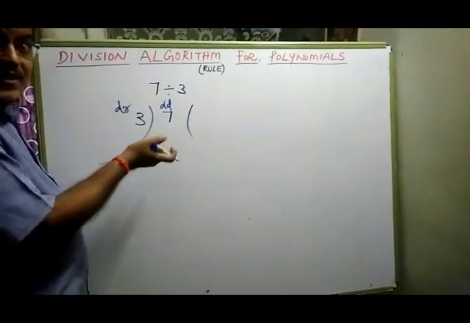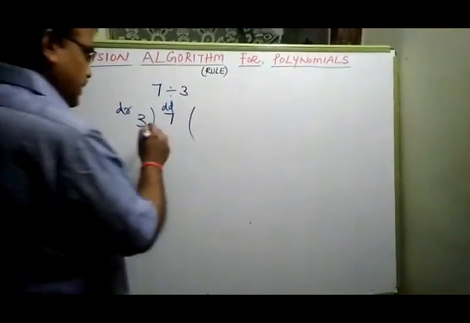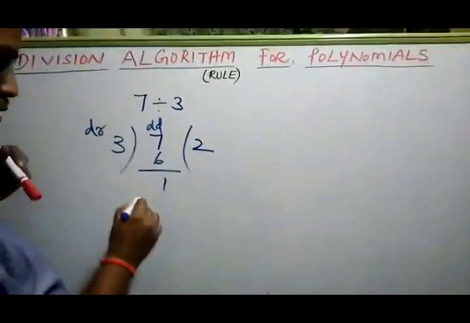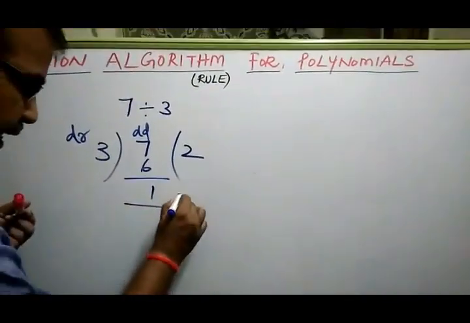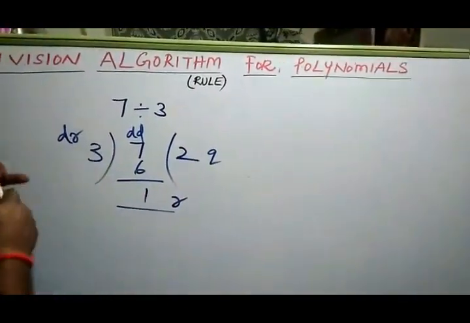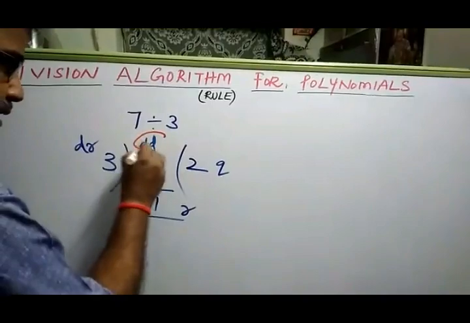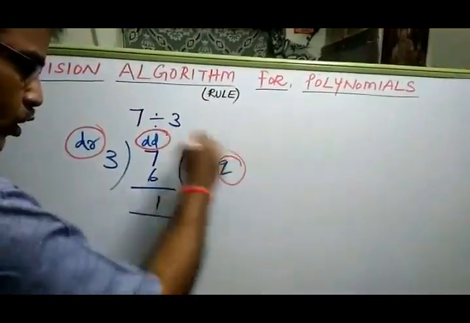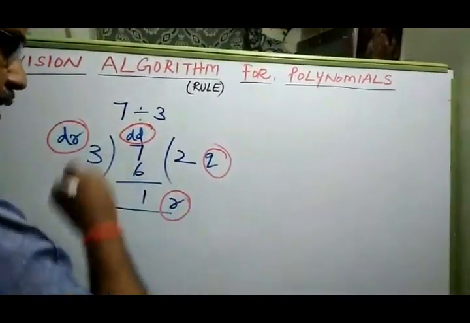This is also called the long division method. 3 2s are 6, remainder 1. So, this is the remainder. This is the quotient. The dividend shortcut form is DD, divisor DR, quotient Q, remainder R.